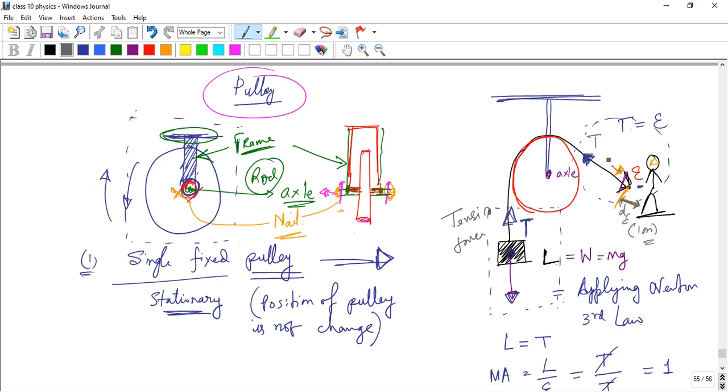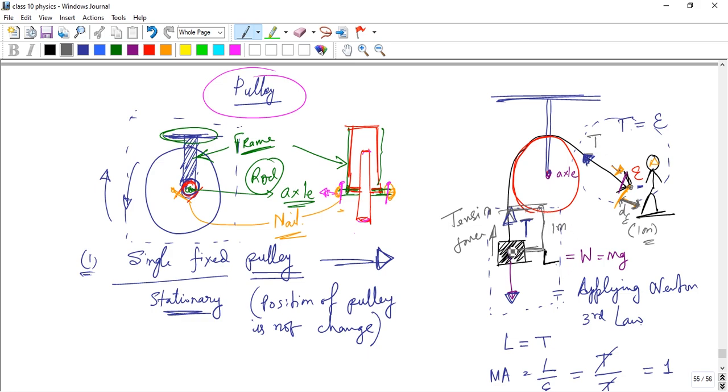See, that is a rope, and a rope has a fixed length. If this end of the rope is displaced 1 meter from left to right, the load goes upward by the same length. Same length, same displacement, that is also 1 meter.